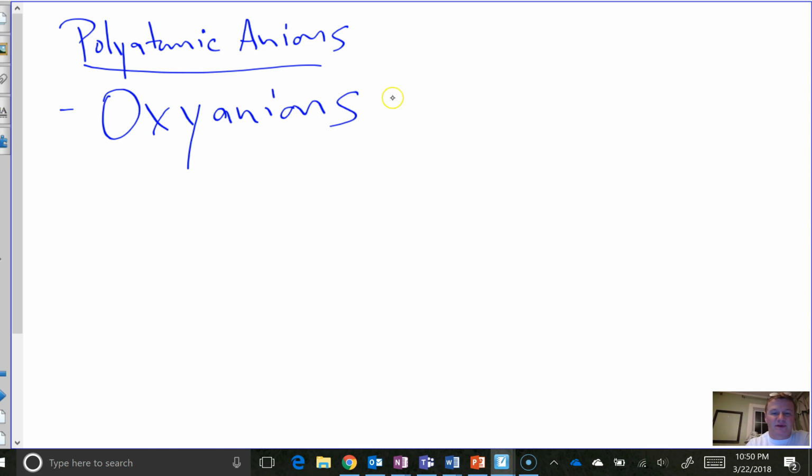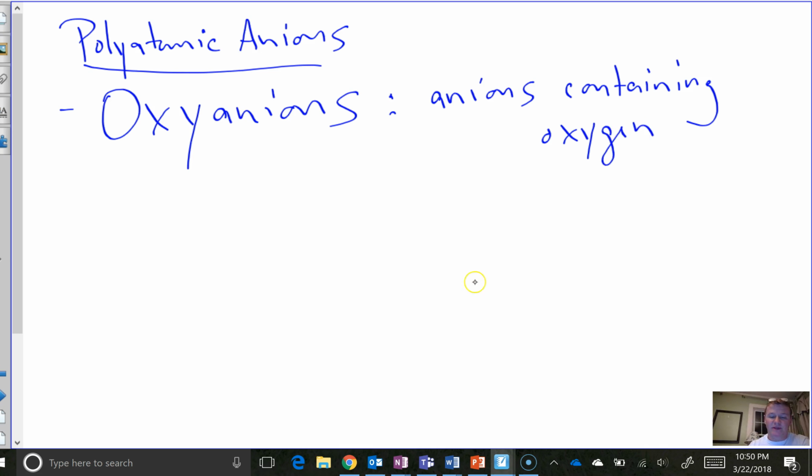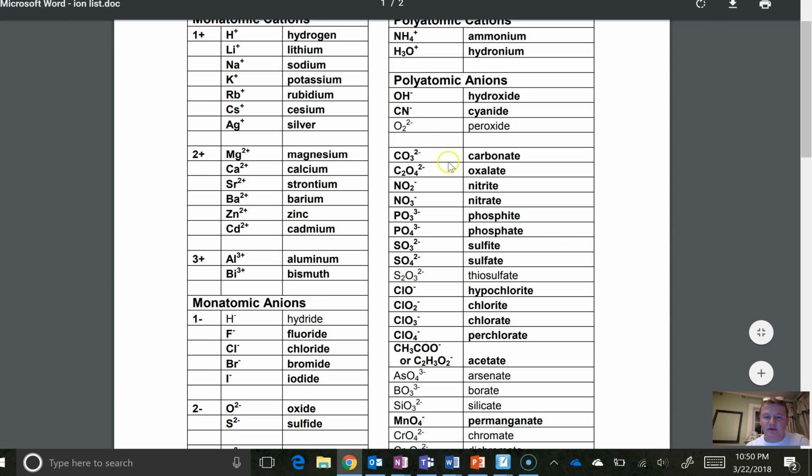All that means is that these are anions containing oxygen. Let's go back and take a look at that list and look at all of the polyatomic anions that contain oxygen. These are all of the oxyanions.